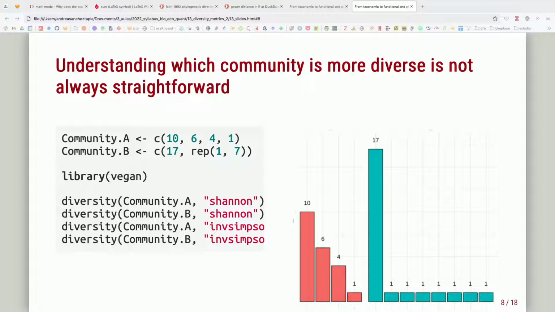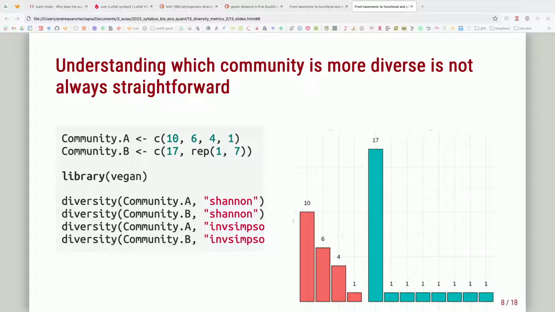Community A has 4 elements, and if you saw the vector that results in community B, it has 8 elements, so it has a larger diversity. Look at the syntax of the repetition function. I showed you here the bar plots that represent these 2 communities.